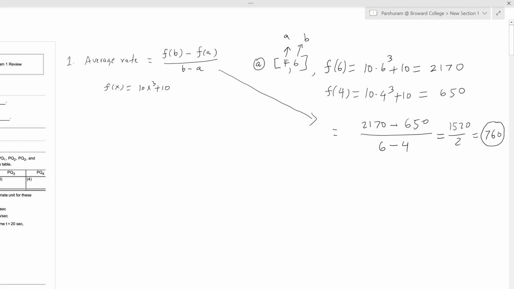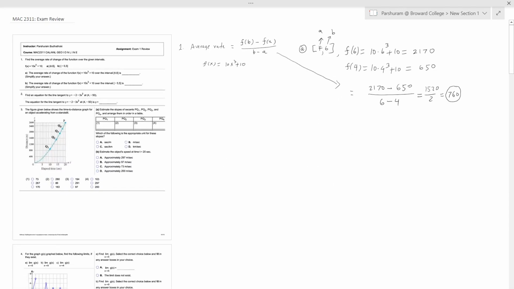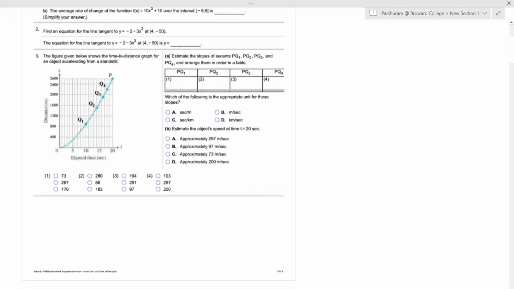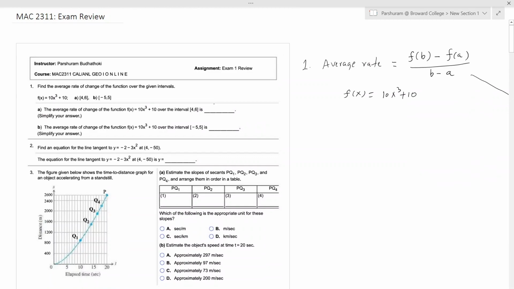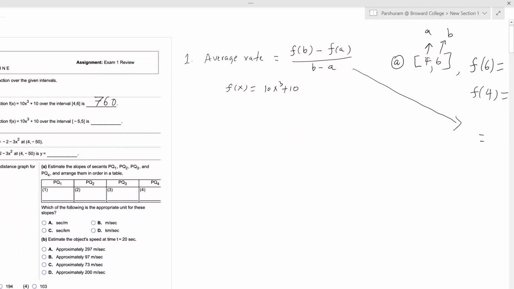So the average rate of change for this function on interval 4 to 6 is 760. So the first answer is 760.